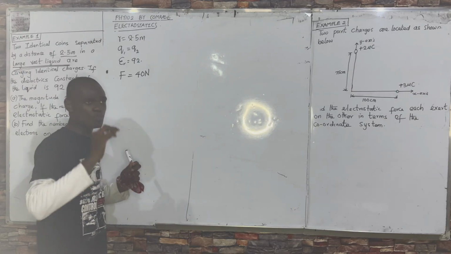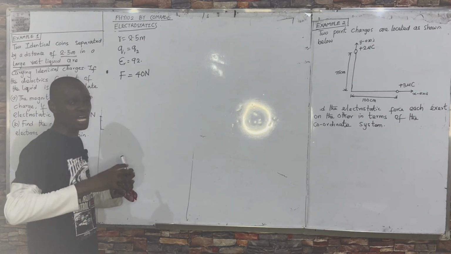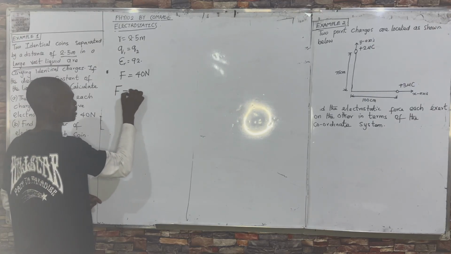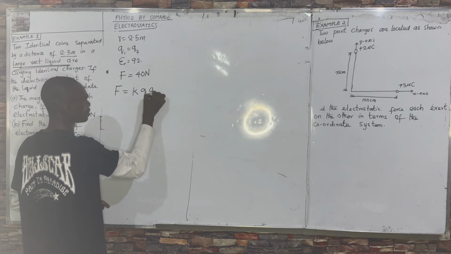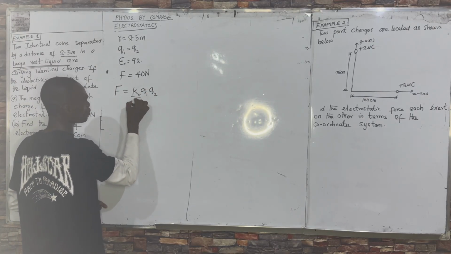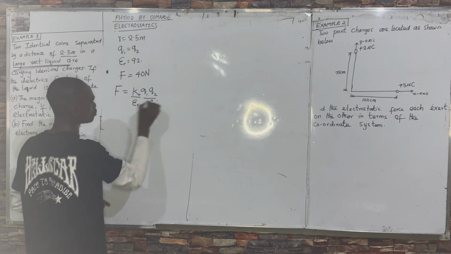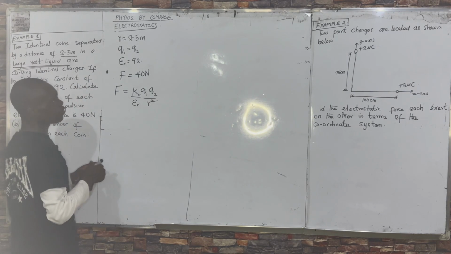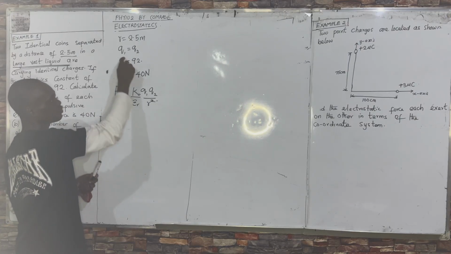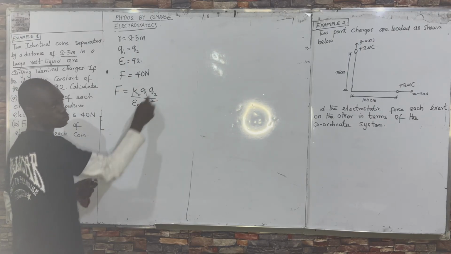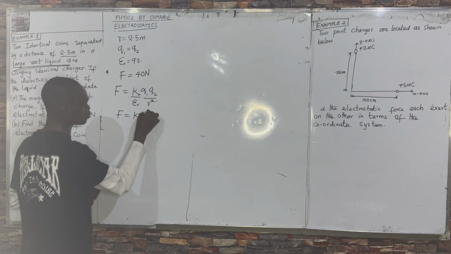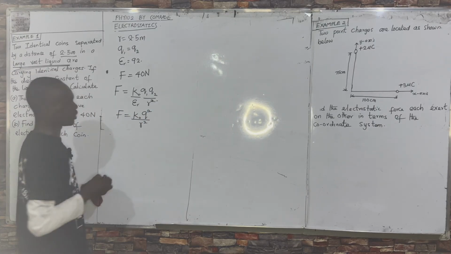Because you now know that the medium is not air, your formula becomes F equals K naught Q1 Q2 ER over R squared. Now, do not forget Q1 and Q2 are the same, so this becomes Q squared. So I have F equals K naught Q squared over R squared.